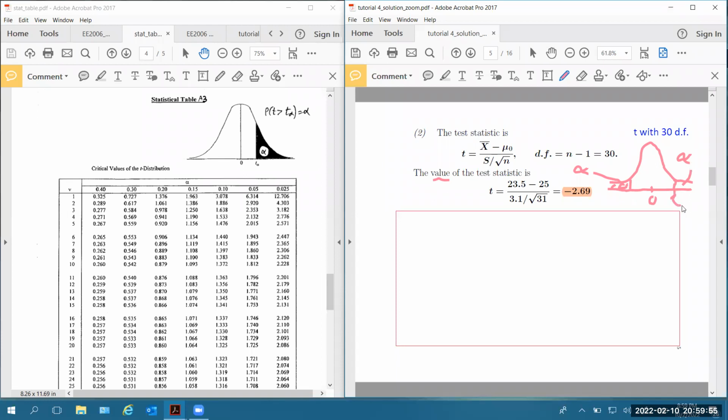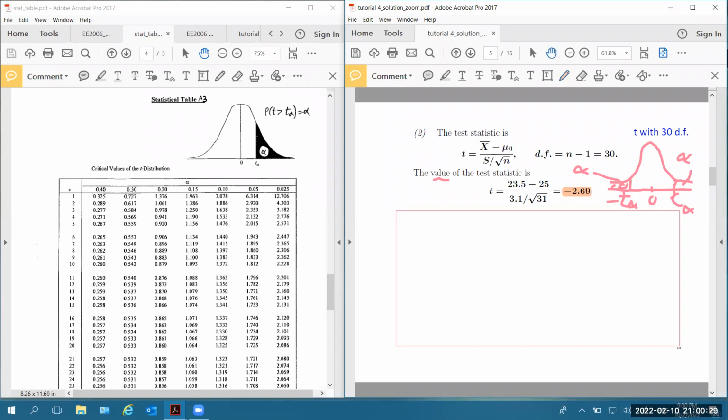This number here is just t subscript alpha, actually t subscript 0.01, which you can find. And then to get this number, this critical value, is just the negative of this. Can you all see? That's by symmetry. So this will be just minus t alpha. So this one you can find from the table and straight away you will know this.